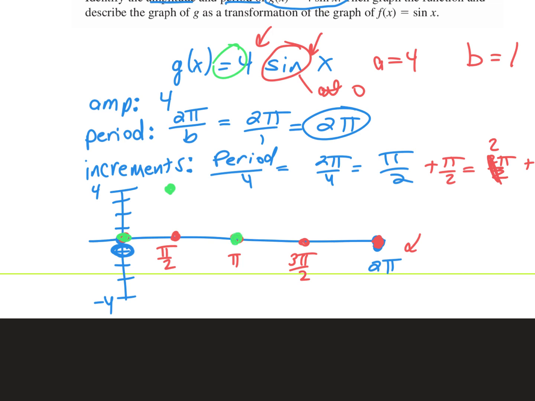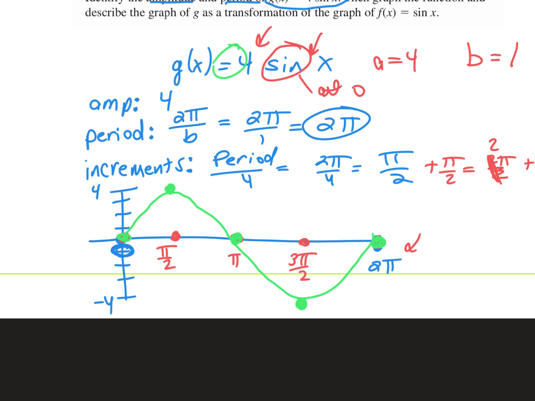Down to where? 0. Then I go down to -4. Then I go up to where? 0. And you just connect the dots in a nice little curve. If you were going to do another cycle, it would look the exact same way. You'd go up to 4, down to 0, down to -4, back to 0. You just go amplitude, x-axis, amplitude, x-axis the whole way.